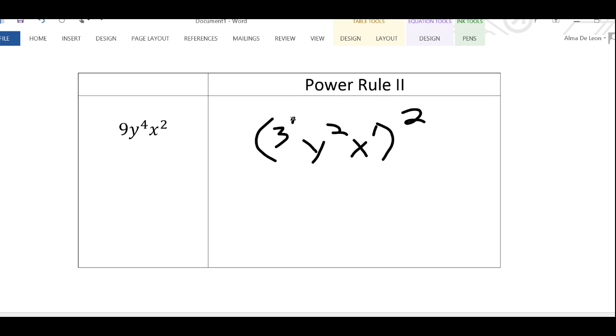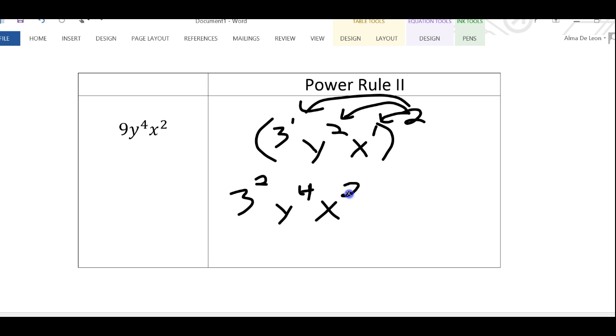But just to make sure that this is true, I'm going to go ahead and use the power rule. I'm going to distribute this 2 across to every exponent inside my parentheses. I would end up with 3 to the 2nd power, y to the 2 times 2 is 4, so y to the 4th power, times x, 1 times 2 is 2, so x to the 2nd power, x squared.